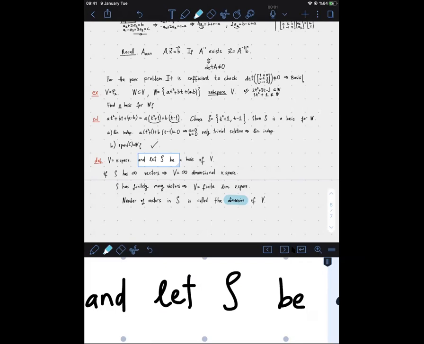Yes, the answer is complicated. The mathematics separates into 2 parts. In the mathematics that we're all doing at the moment, every vector space has a basis.